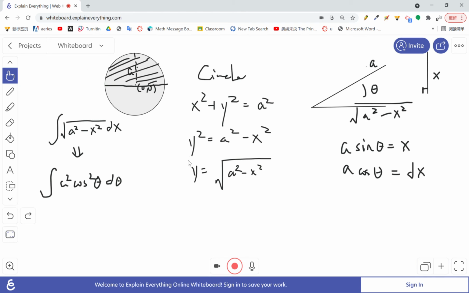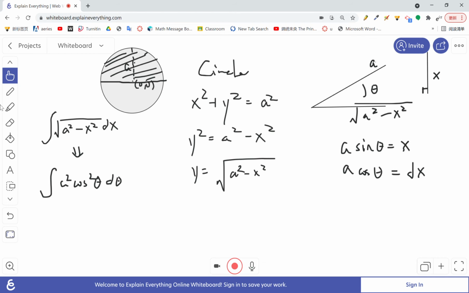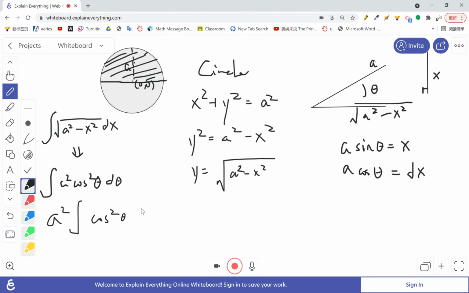Now we have this value. What we're going to do is take the a squared out, which gives a squared times the integral of cosine squared theta.